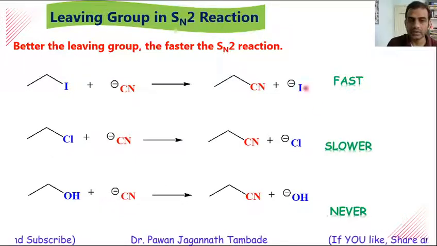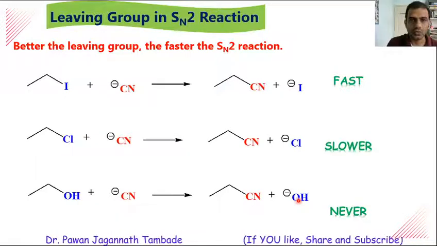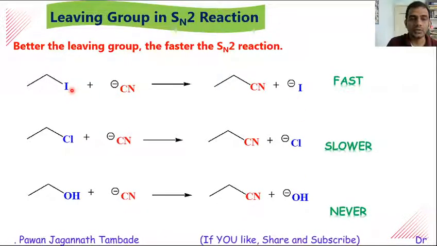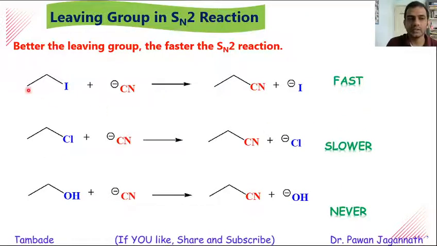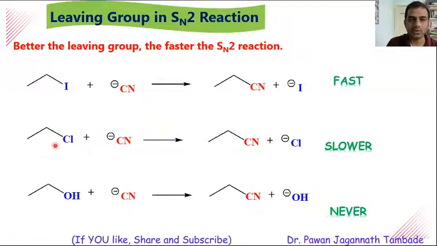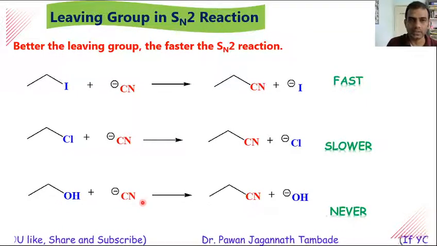In this case, the leaving group is iodo, here it is chloro, and here it is hydroxo. And because of the change in leaving group, there is a change in reactivity. This molecule reacts faster, this molecule reacts slower, and this molecule does not react in this particular reaction.